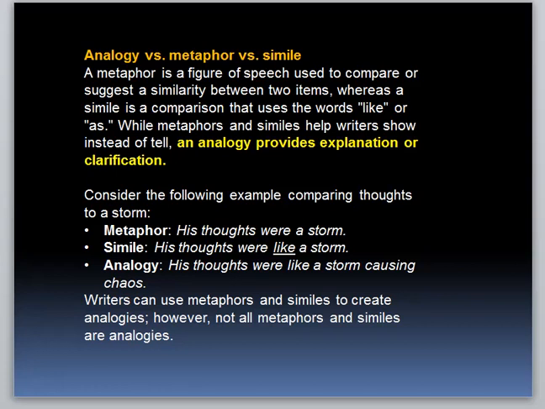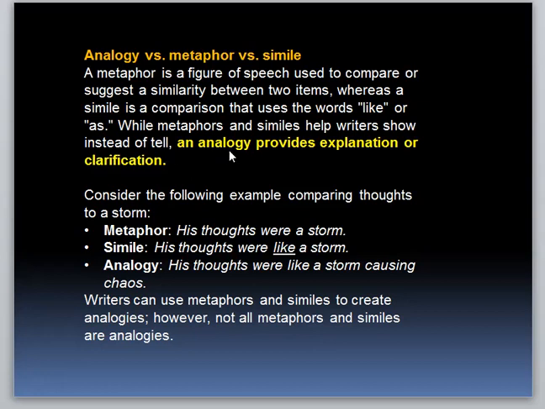A metaphor is used to compare two different things to match the similarities. Whereas a simile is a comparison that uses the words like or as. While metaphors and similes help writers show instead of telling something, right? Instead of clarifying something.